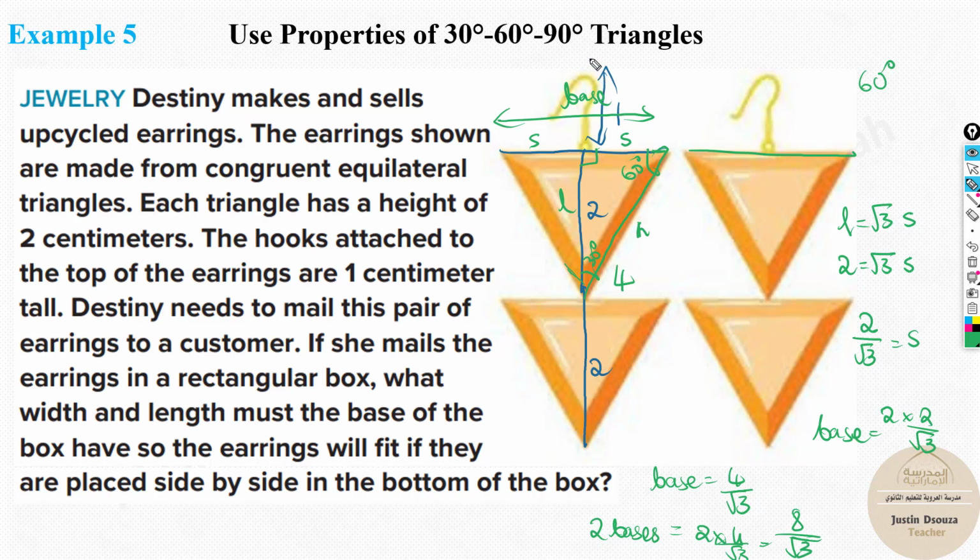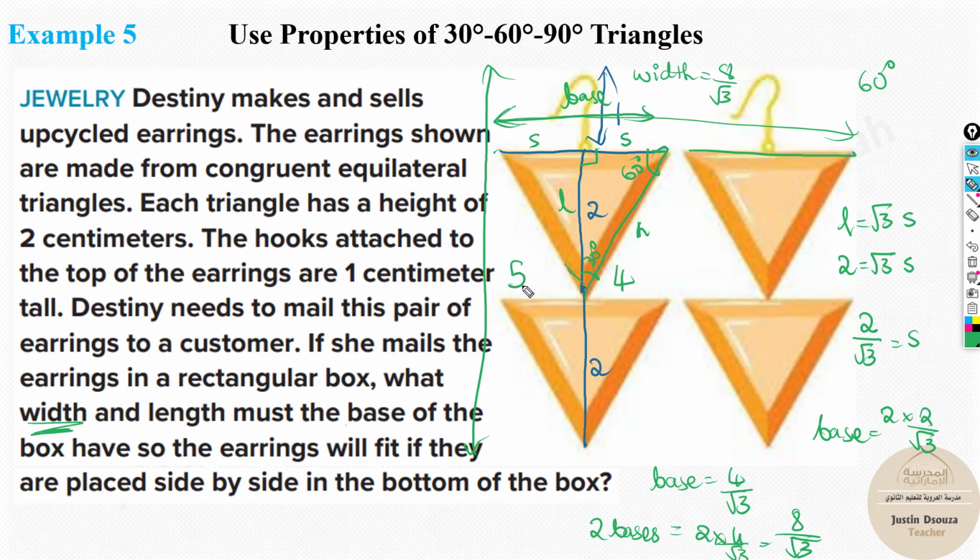And what is the height of the box? That base must be the base of the box. What will be the width and the length, right? You can consider this as the width. For one or two also I have taken. So the width is basically 8 by root 3. What about this height or the length, the total length? That is simple. It's 1 plus 2 plus 2, it is 5 over here.